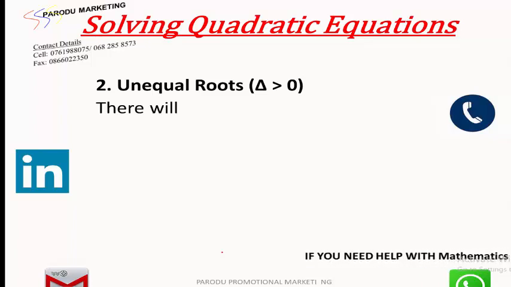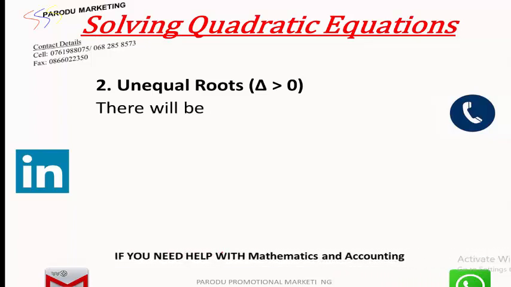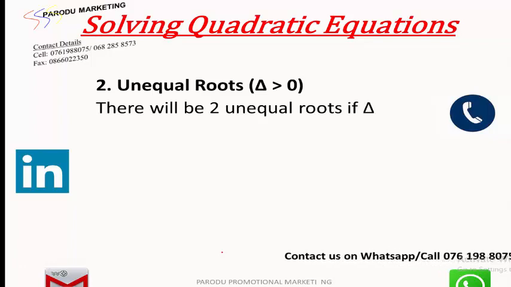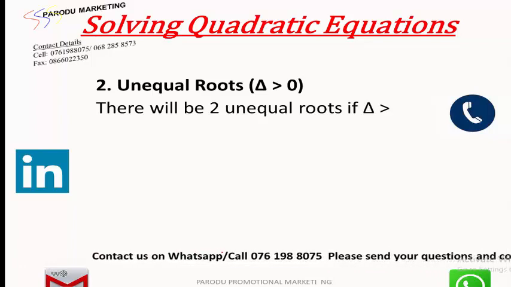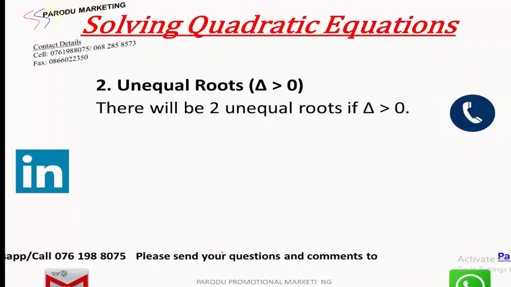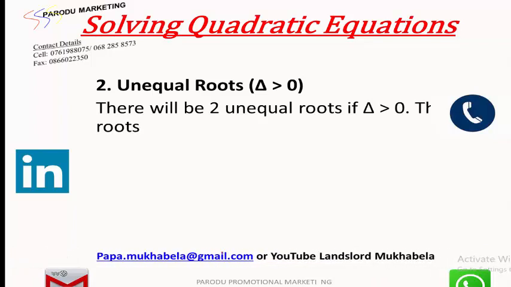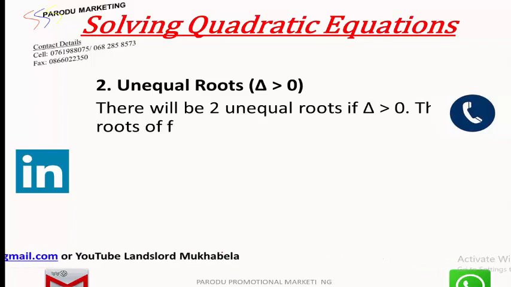So you need to always remember that there will always be 2 unequal roots if the discriminant is greater than 0, right?